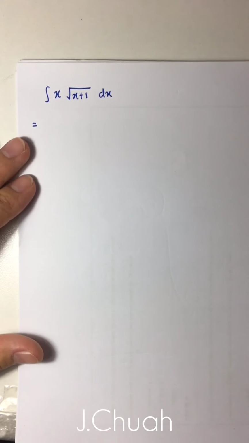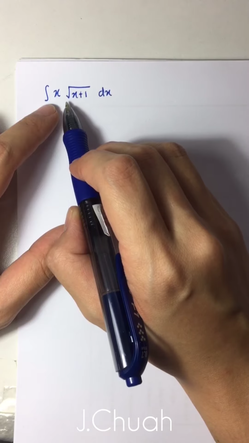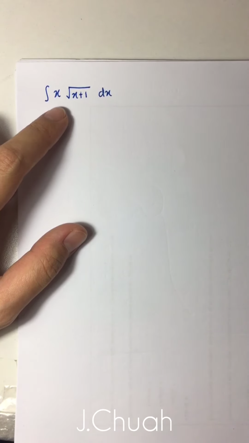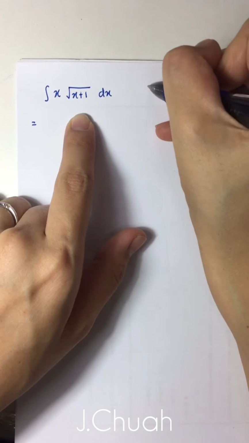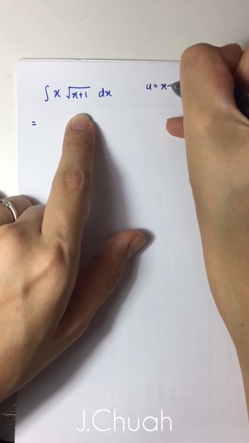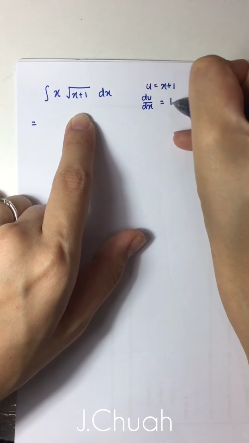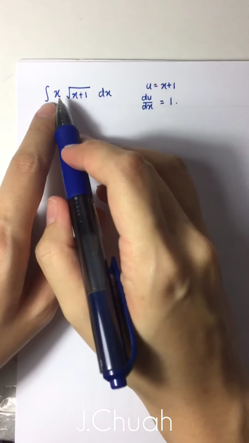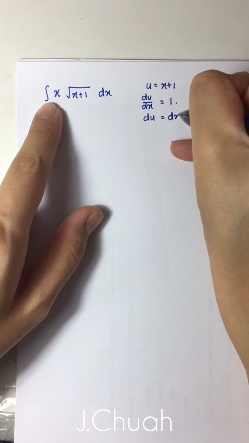For the last example for today, we will see where part of the question has a square root. So as I said, you will take whatever inside the square root to be your u. So I'll let u be x plus 1, where your du over dx will be 1. If you recognize, there's no 1 at the side, so your du is actually dx.